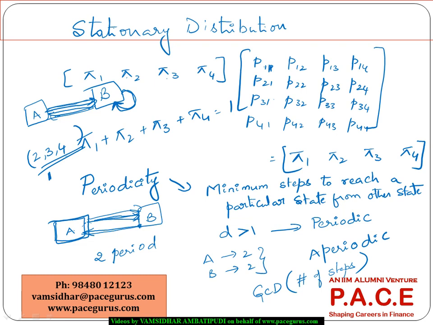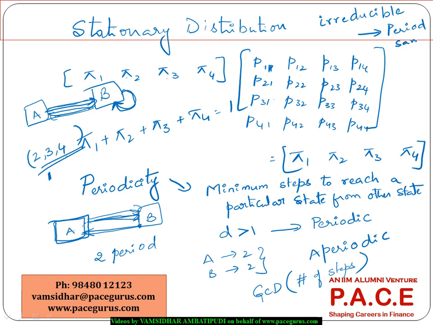Generally, again one more relationship: if this particular chain is irreducible, then the period is the same across all states.